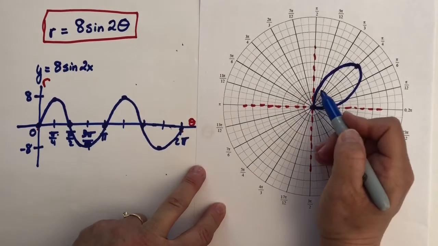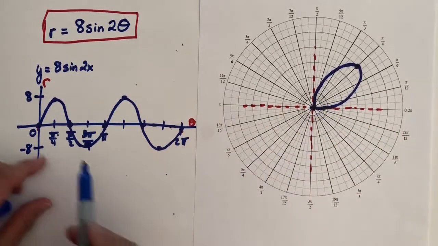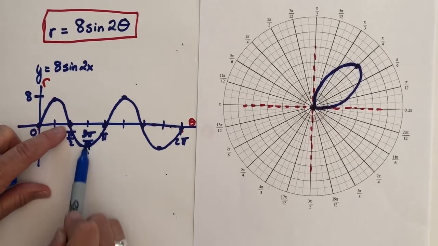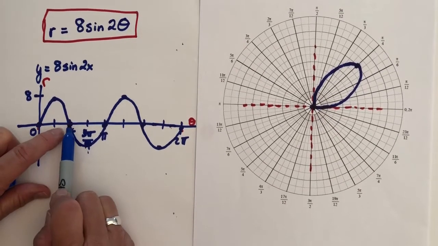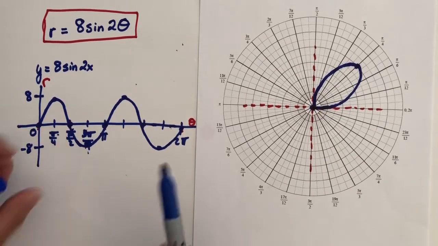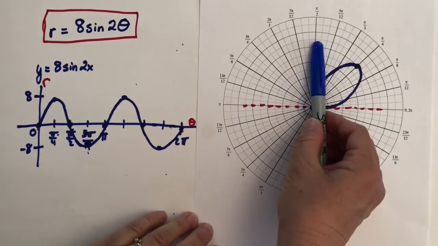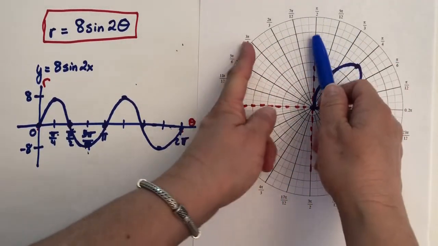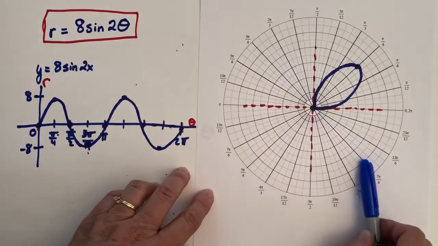Now it continues and it's tangent. Let's see what happens. From pi over 2, you can't really read that very well, that's a 3 pi over 4. So from pi over 2 to 3 pi over 4, the r values go negative. So from here to here will go across the pole.